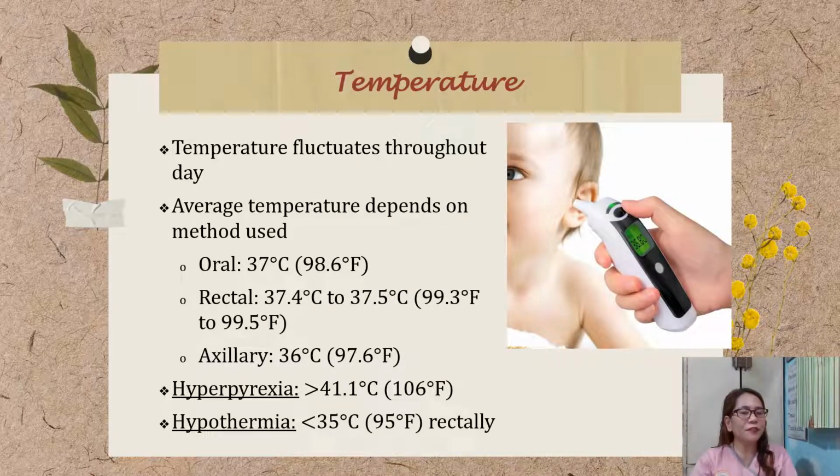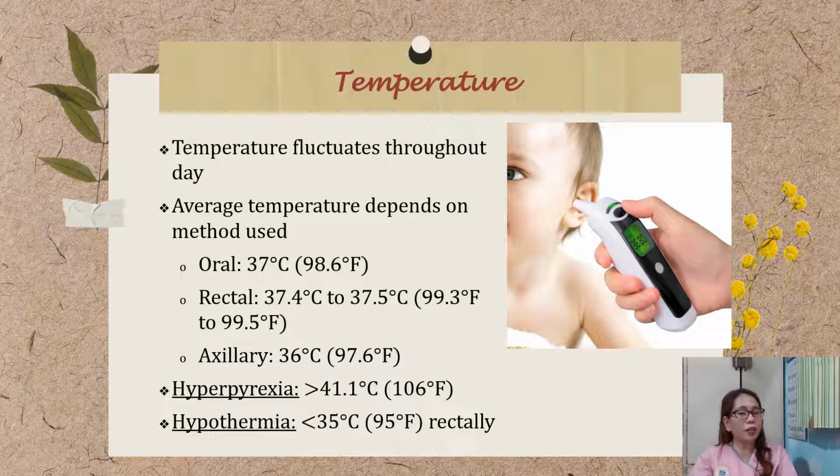Part of your vital signs taking is to take the temperature of your client. Please note that according to researchers, the most accurate core body temperature is the blood temperature from the pulmonary artery. However, of course, in taking the temperature of our client, we won't be using invasive or monitoring devices.